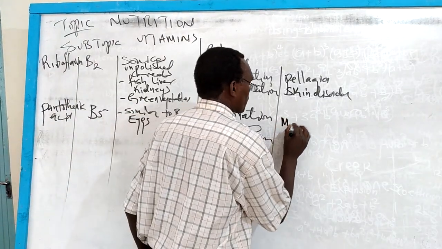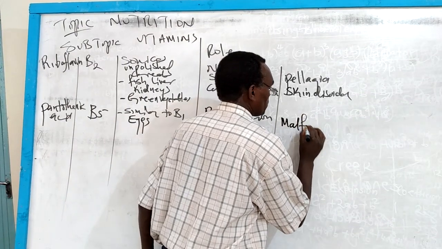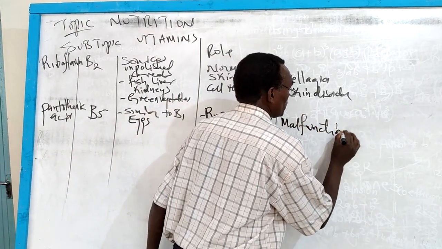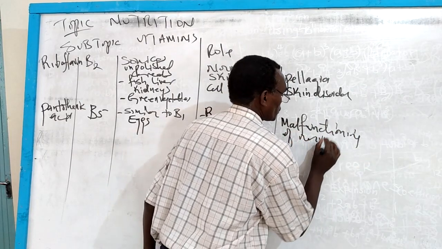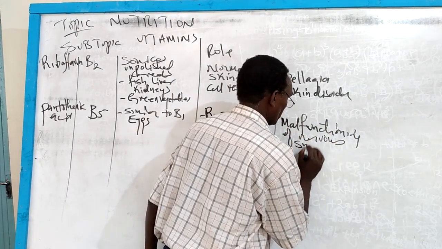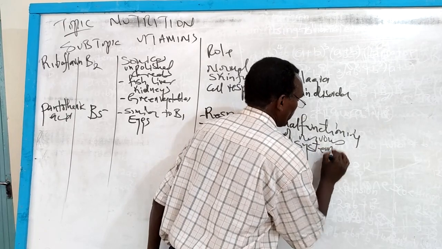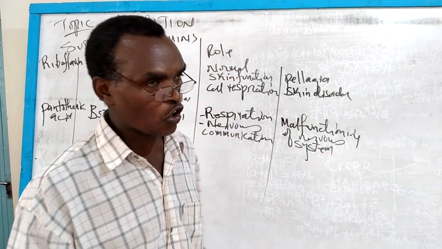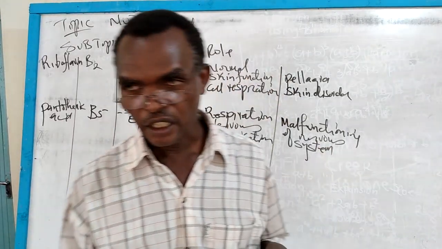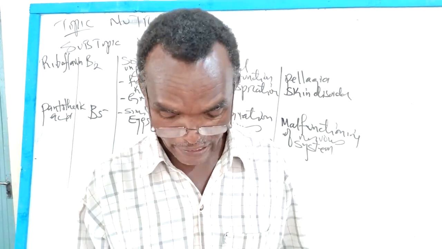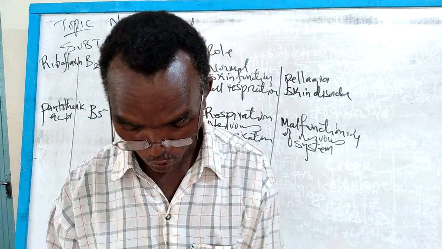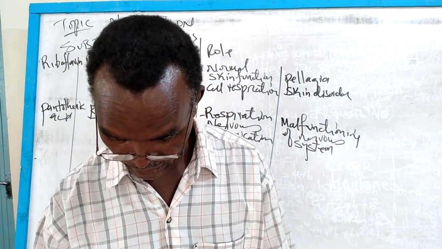So, malfunctioning of the nervous system. A situation where you feel like your nerves are not coordinating well, maybe your hand is not operating well, your leg, or any other area that may indicate that all is unwell with the nerves.